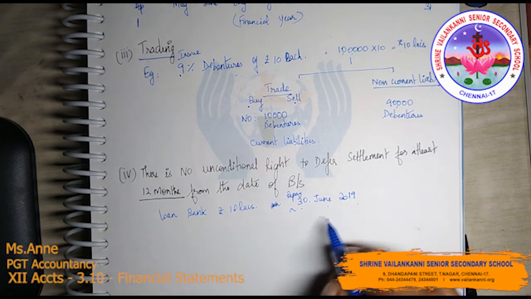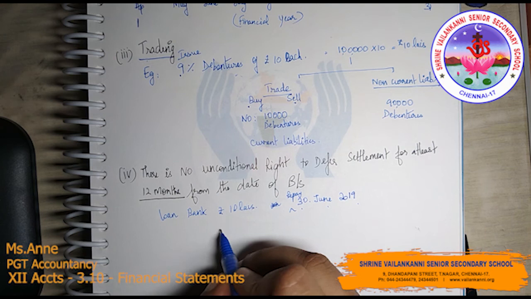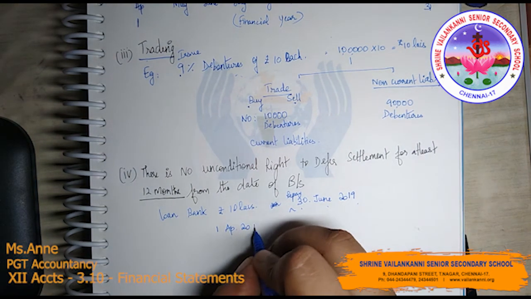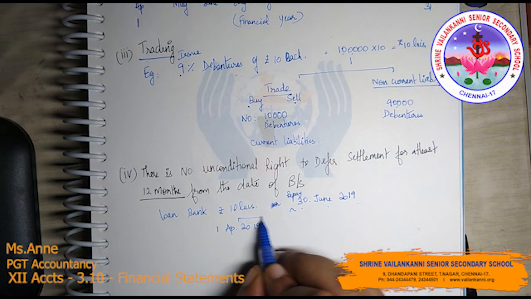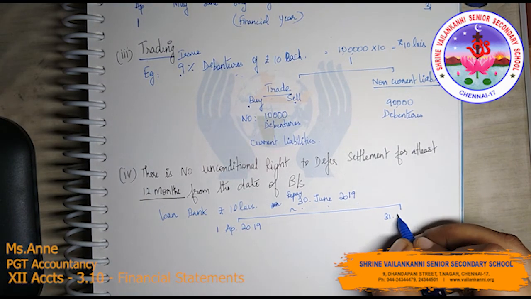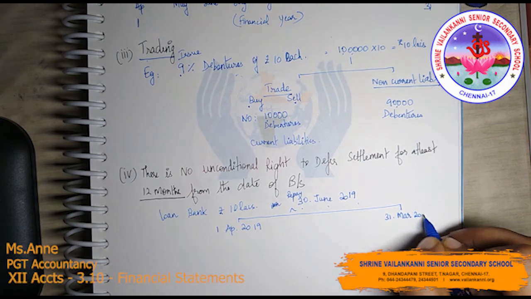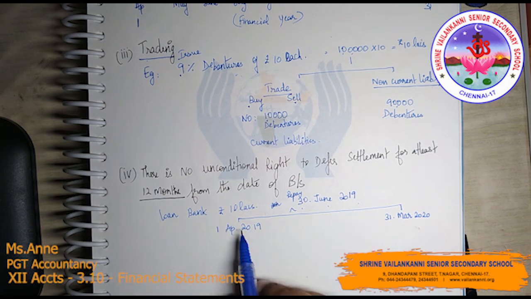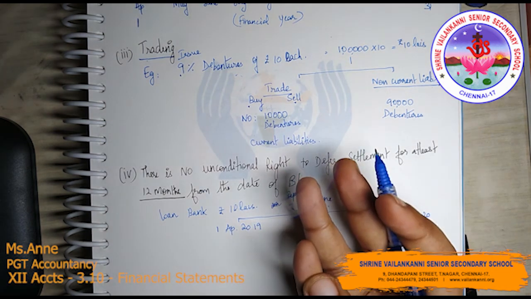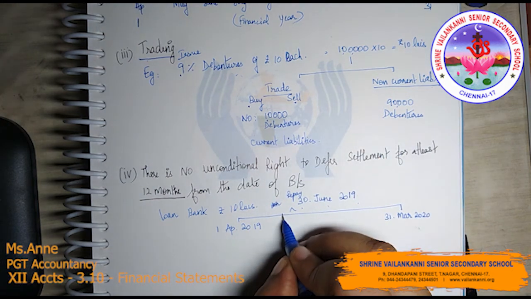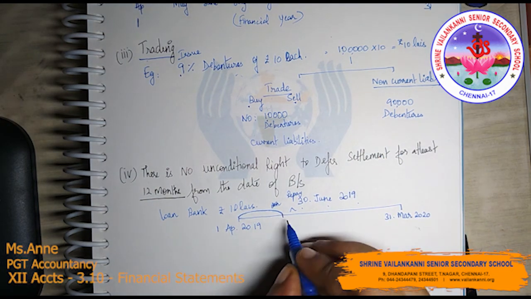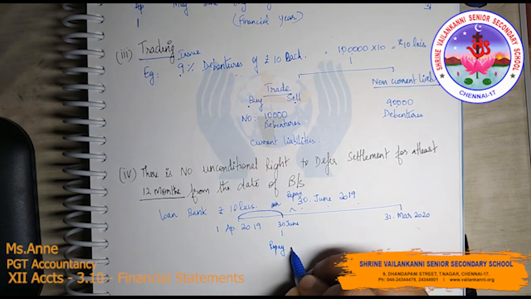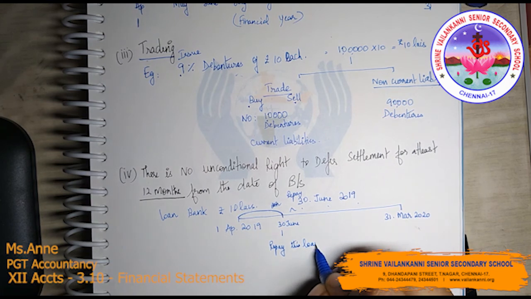From the balance sheet date, let us assume from April 2019 to 31st March 2020, you have to pay this loan within April, May, June. Within 3 months, you need to repay this loan.